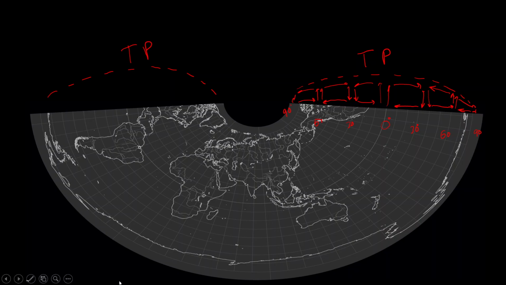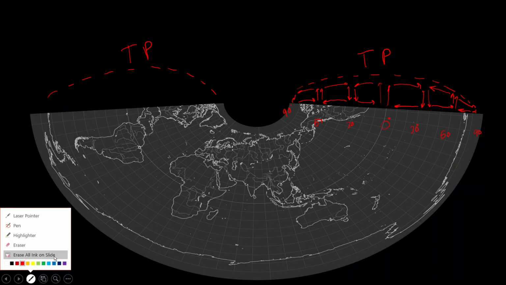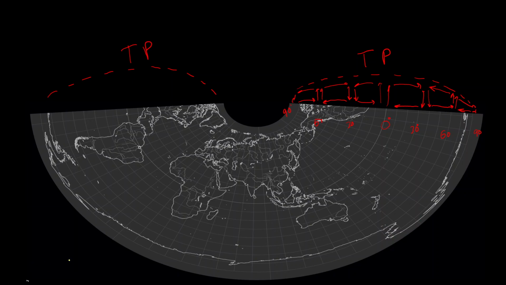Okay. So if we see over here, same way as we saw in the previous slide, the Hadley cell, Ferrel cell, and this is the polar cell.